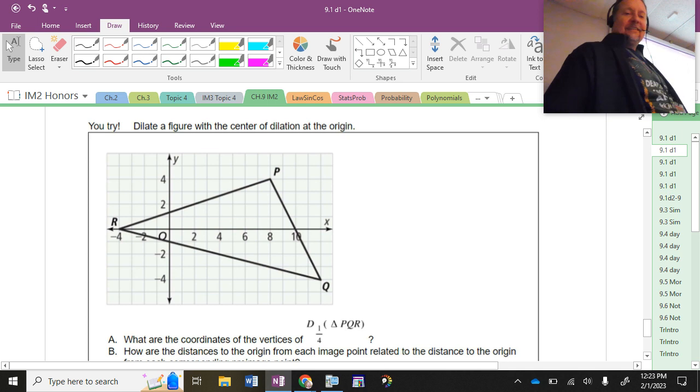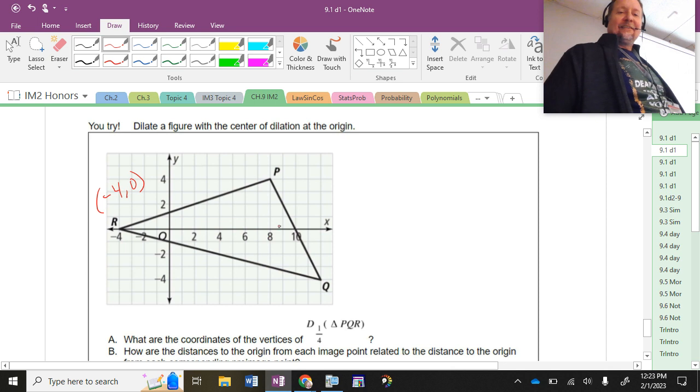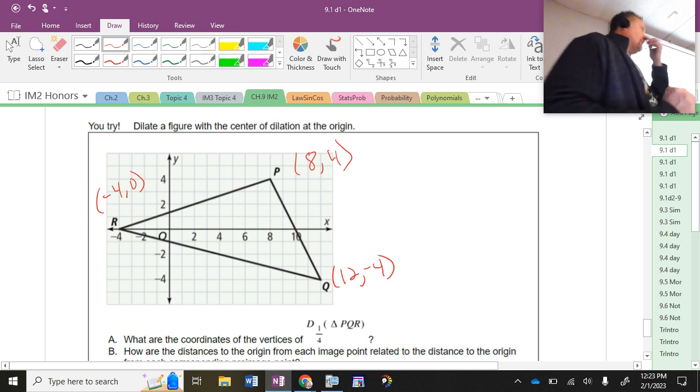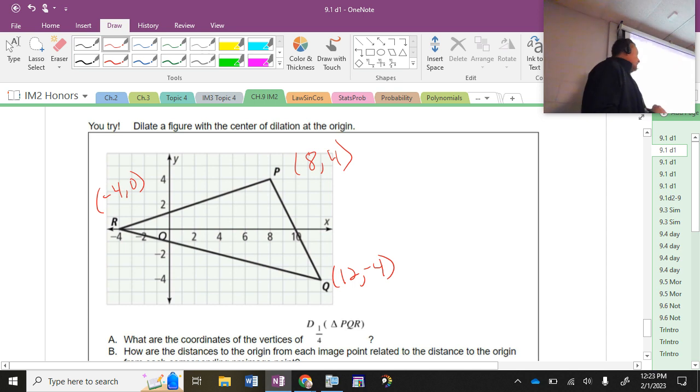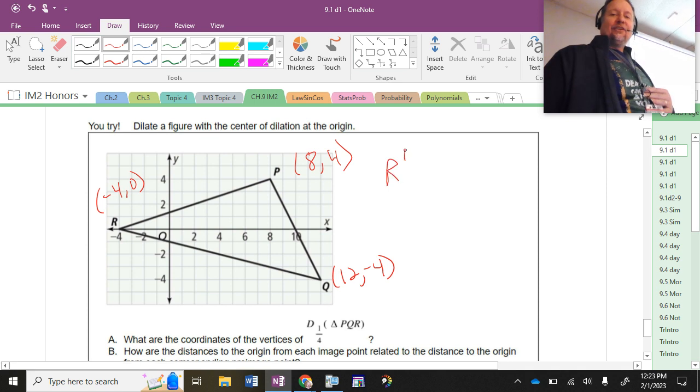Okay, now this is (-4, 0). (8, 4). Anyway, (12, -4). Let's just stick those right in there. And good thing they are all multiples of 4, because to find a dilation by a factor of a fourth, R prime should be 1/4 of -4, then 1/4 of 0, of course: (-1, 0).